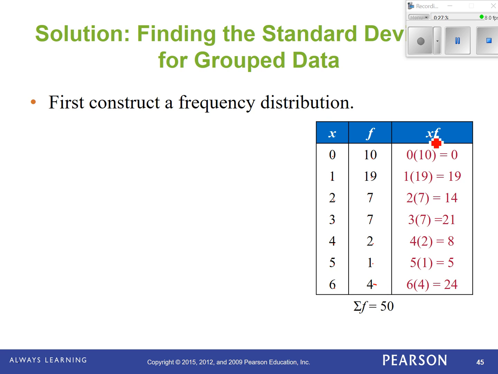Then I took X times F, got all those numbers. Down here it's telling us our frequency. We researched 50 families. So that's our frequency distribution there.